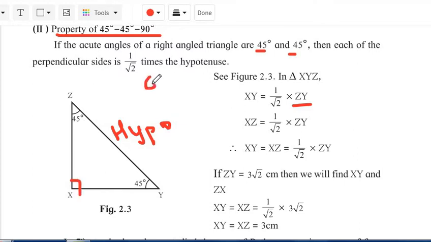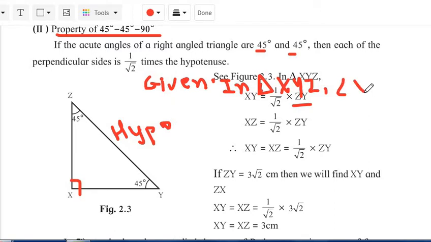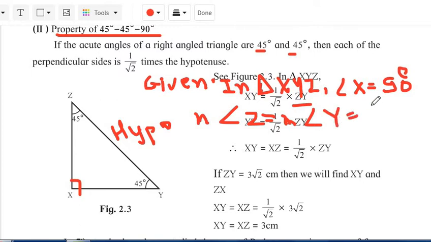I write here given first: in triangle XYZ, angle X is equal to 90 degrees. Then the angles given are: measurement of angle Z is equal to measurement of angle Y, which is equal to 45 degrees.